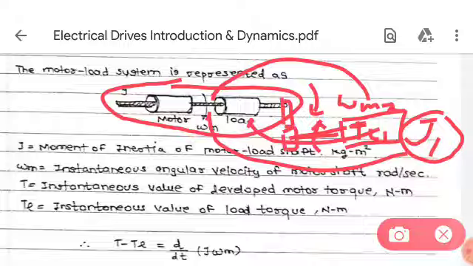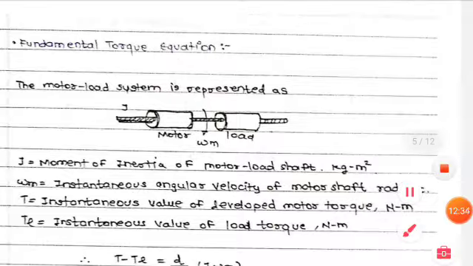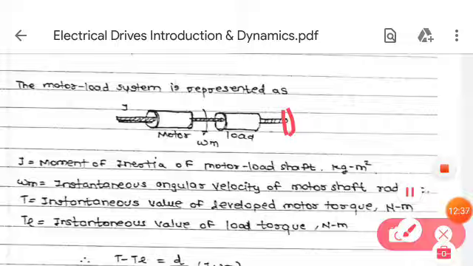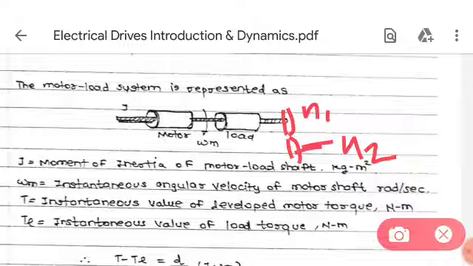So how can that be done? This gear system or pulley system, if we connect some gear or pulley, is just like an electrical transformer. It has a number of teeth on one side and a number of teeth on the other side. It is just like the turns ratio of a transformer.